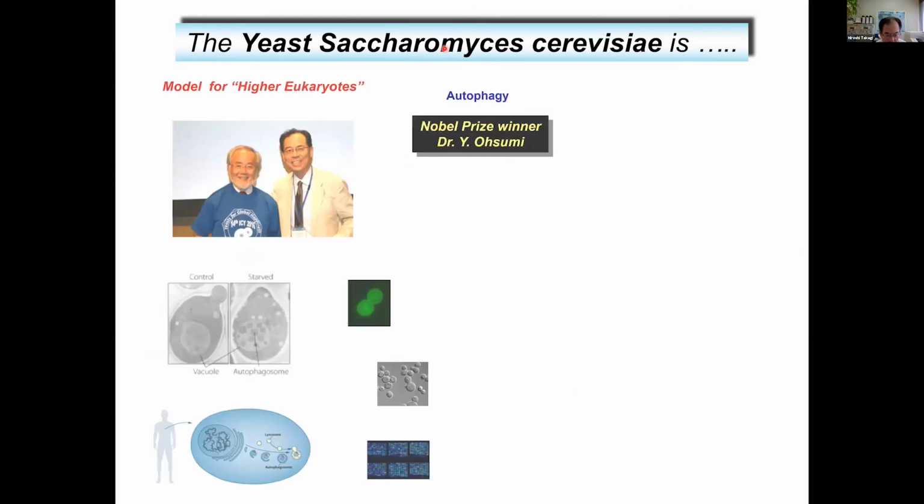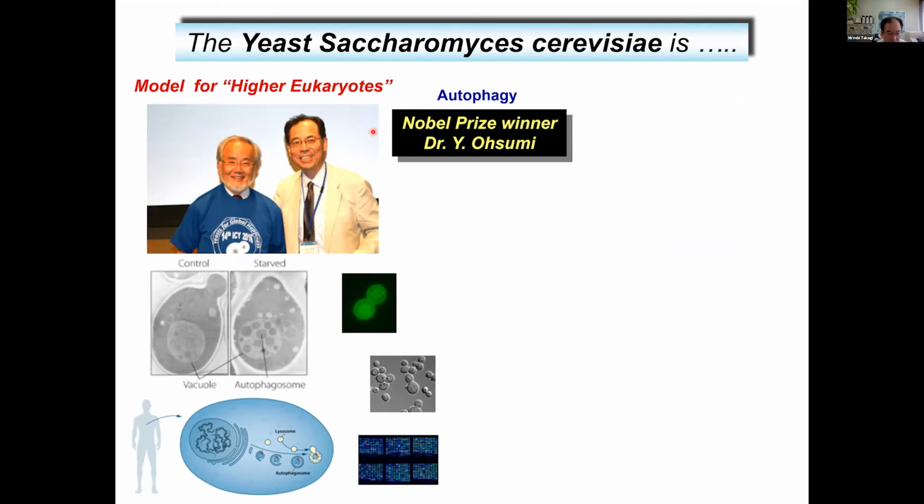This is an important microorganism in basic science as a model for higher eukaryotes, because the past Nobel Prize winner, Professor Yoshinori Ohsumi, discovered and elucidated the mechanism for autophagy, which is the fundamental process for degrading and recycling cellular components and proteins.